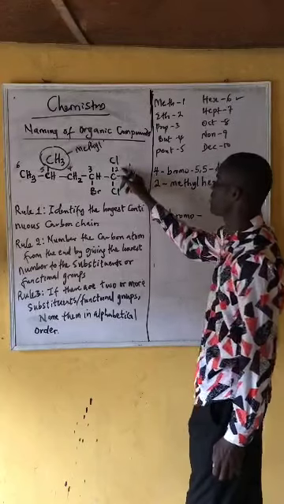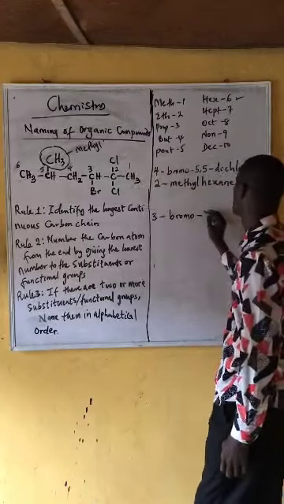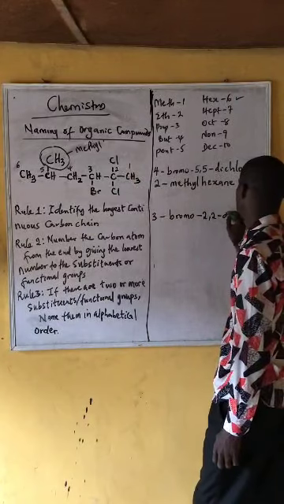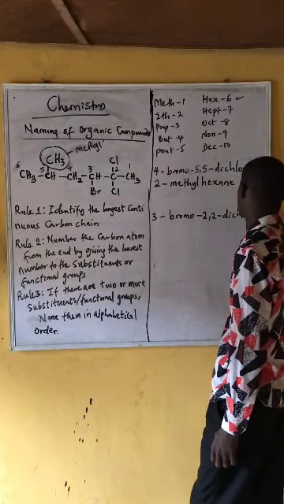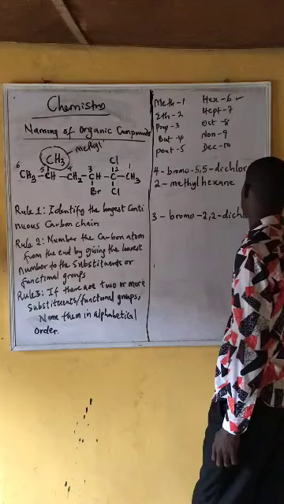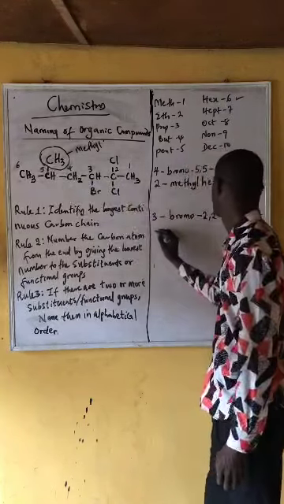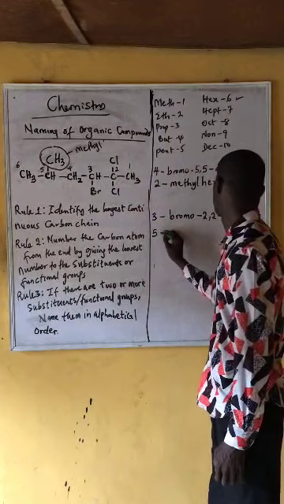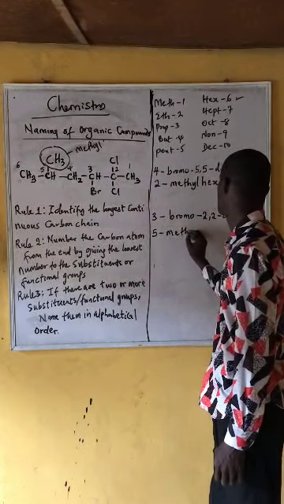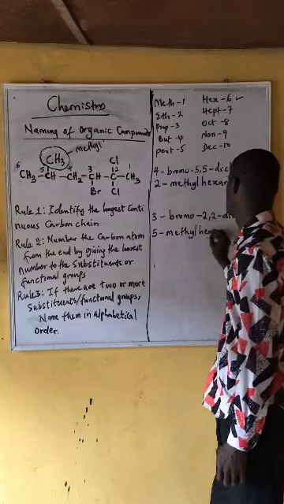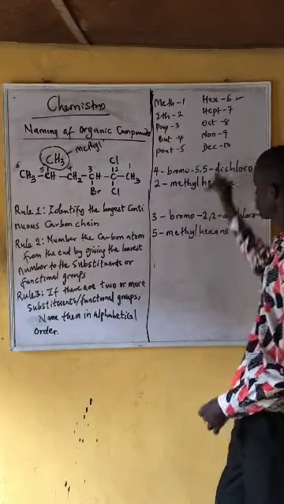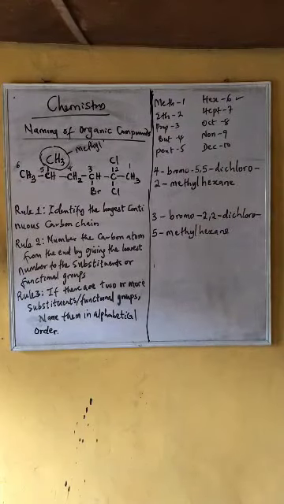On carbon number 2 we have 2 chlorine, 1 up, 1 down. That is 2,2-dichloro. Then on carbon number 5 we have methyl. 5-methylhexane. So the question is, which of these two naming is correct?